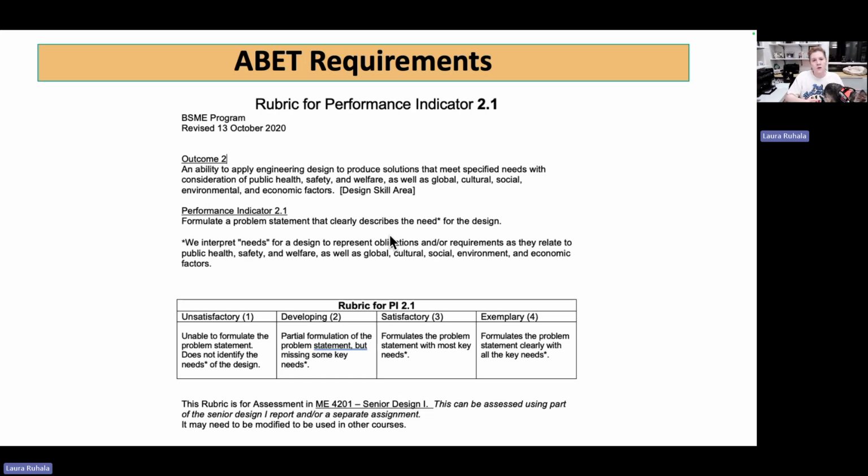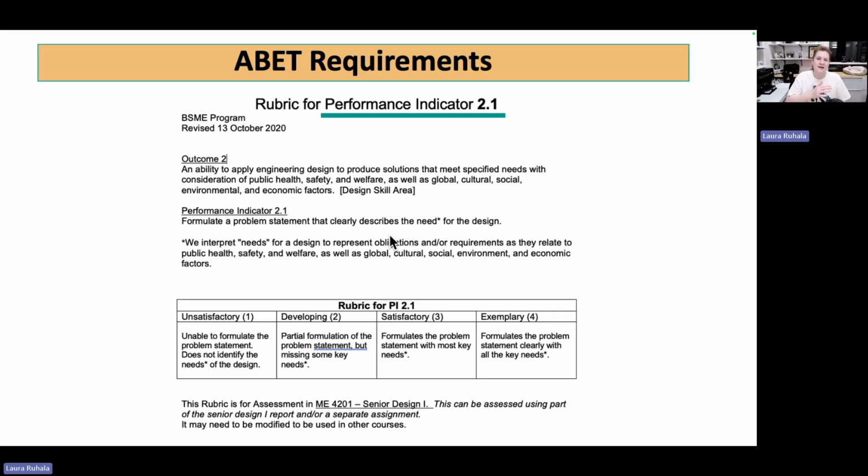And then within the outcome, our ME program has developed performance indicators. So what we're going to talk about right now is performance indicator 2.1, tying back to outcome 2. You need to formulate a problem statement that clearly describes the need for the design. So what do I mean by need for the design?